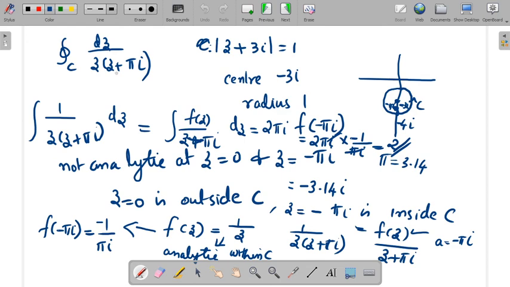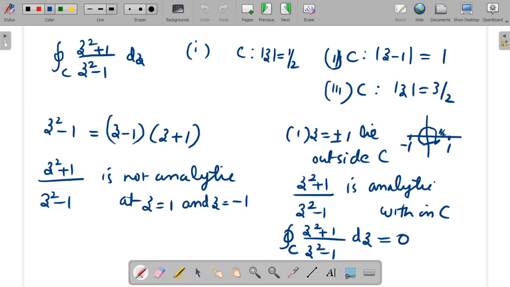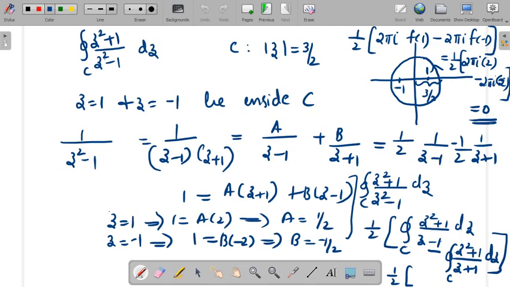That function will be analytic within C, so that you can apply the formula for f z by z minus a dz. അതേസമയം ഒന്നിൽ കൂടുതൽ സിംഗുലർ പോയിന്റ്സ് കർവിന്റെ ഉള്ളിൽ കിടക്കുന്നുണ്ടെന്ന് വെച്ച് കഴിഞ്ഞാൽ ഡിനോമിനേറ്ററിനെ z minus a into z minus b എന്നുള്ള ഫോമിൽ സ്പ്ലിറ്റ് ചെയ്ത് പാർഷ്യൽ ഫ്രാക്ഷൻ വെച്ച് സെപ്പറേറ്റ് ചെയ്തിട്ട് നമ്മൾ വീണ്ടും Cauchy's ഇന്റഗ്രൽ ഫോമിൽ അപ്ലൈ ചെയ്യും.